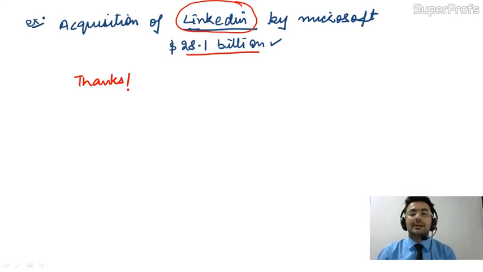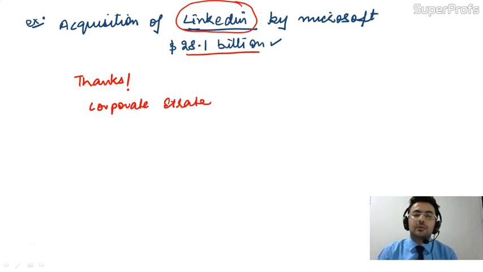In the very next class, we are going to talk about corporate strategy. Corporate strategy is going to be chapter number 2. You have already started with 3 kinds of strategies, and we are going to check them as well.